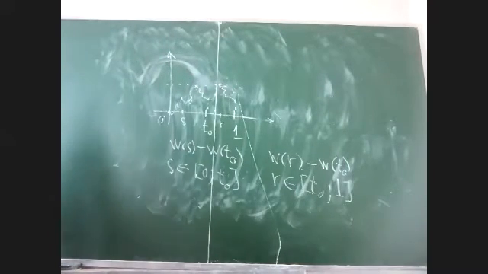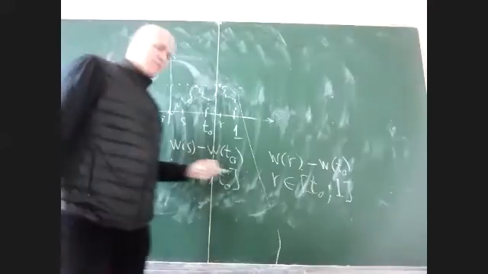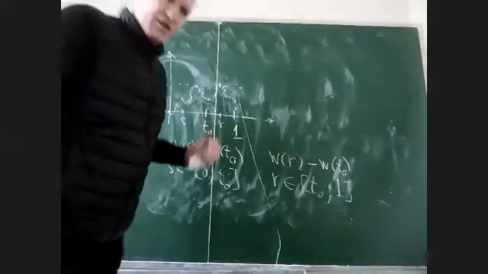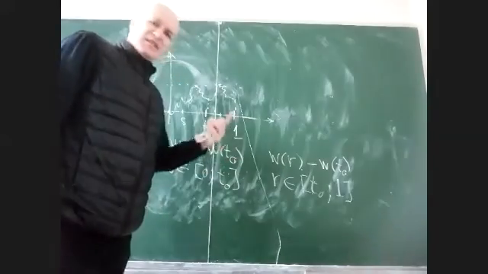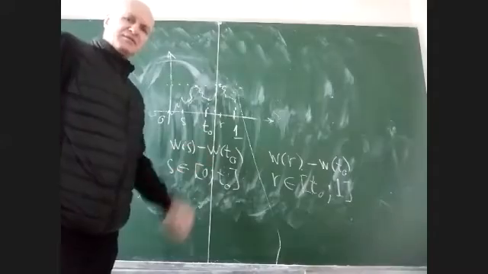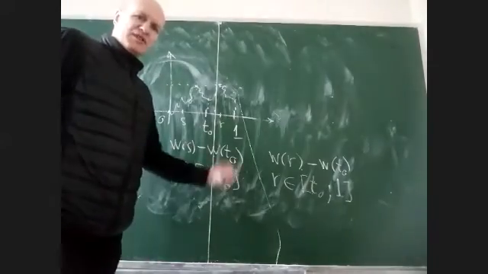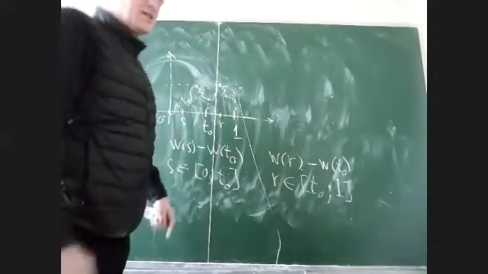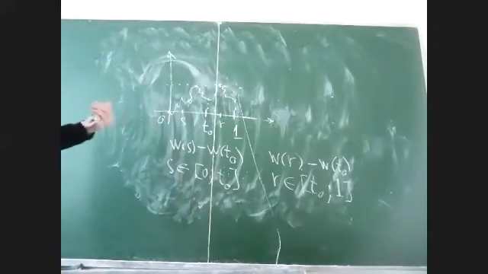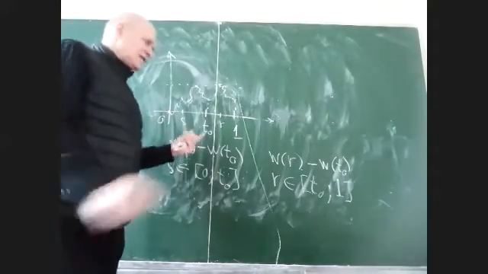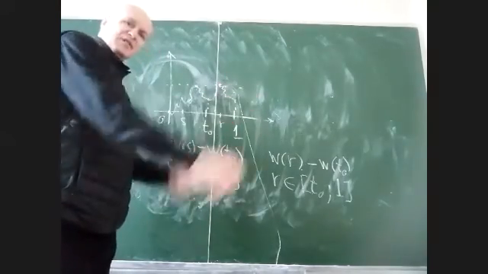Then one can check from our previous consideration that these are two independent processes, because we already discussed the increments of the Wiener process on different intervals of time are independent.